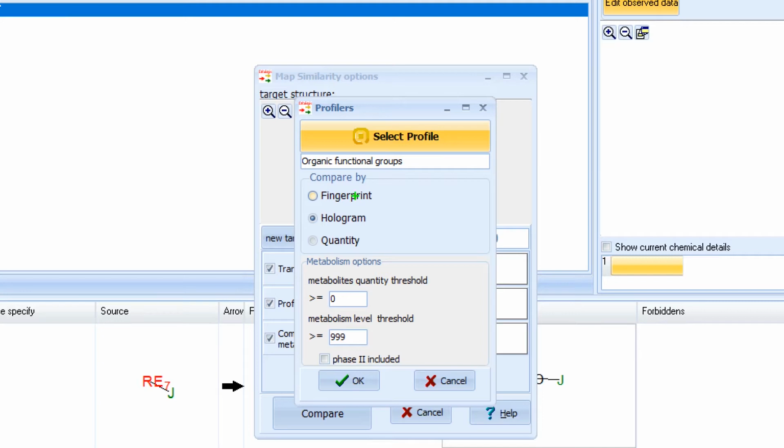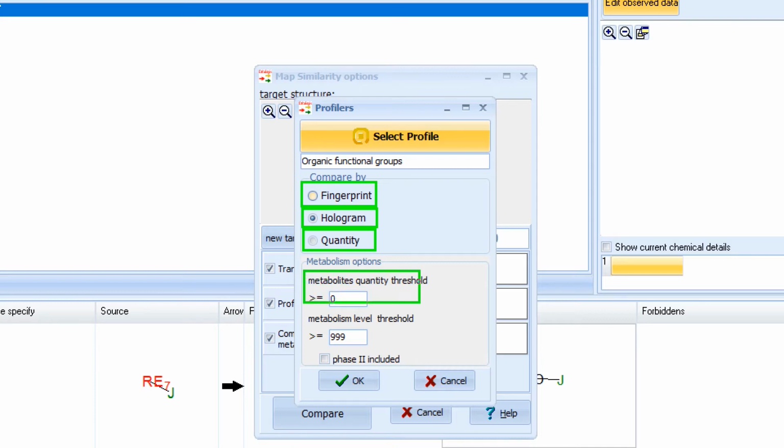The statistical comparison options could be in a fingerprint mode, taking into account presence or absence of structural features, or in a hologram mode, taking into account frequency of appearance of the structural features. The quantity option allows comparison of the structural features with respect to the amounts of generated metabolites.